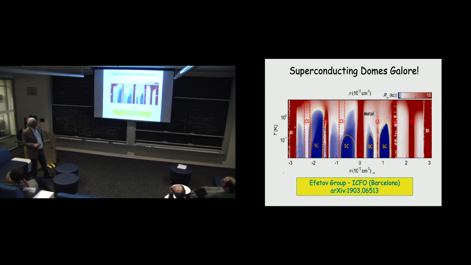These experimental results are showing a richer phase diagram than in the initial experiments. And it's known from various measurements that the difference between these samples and the original samples is the twist angle is more uniform.